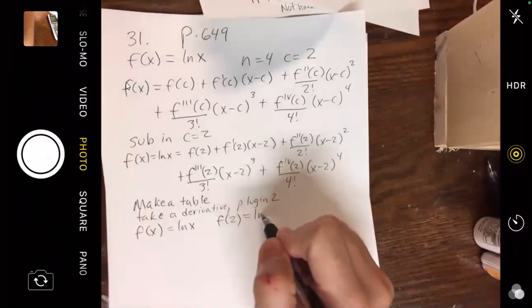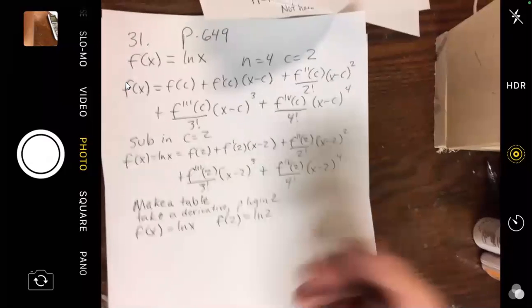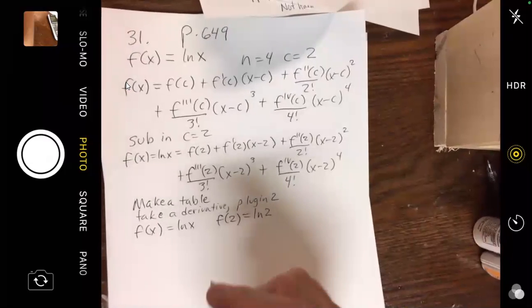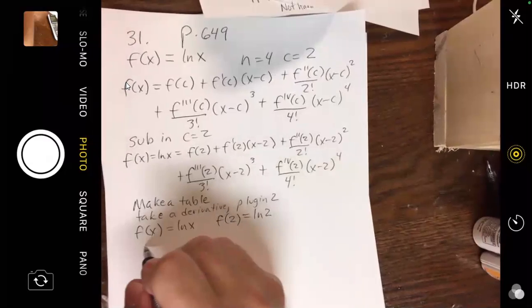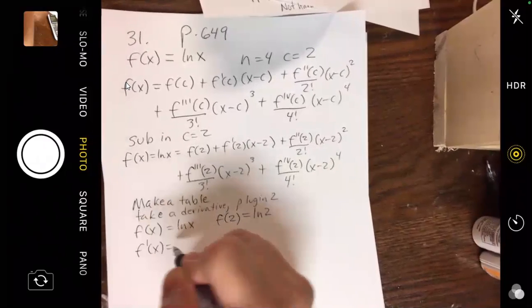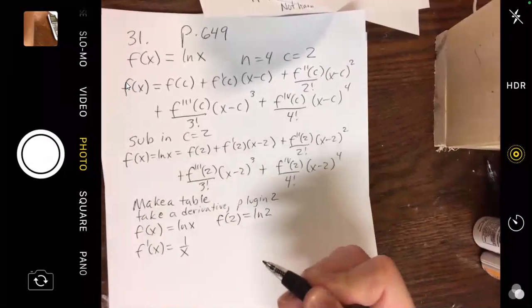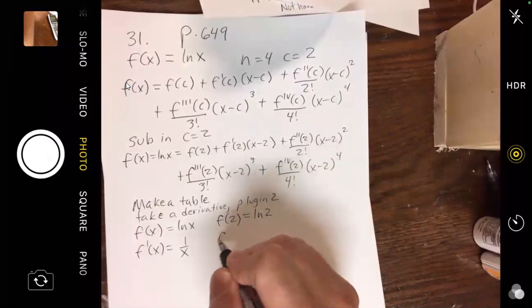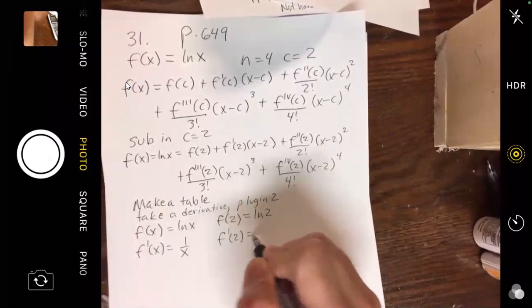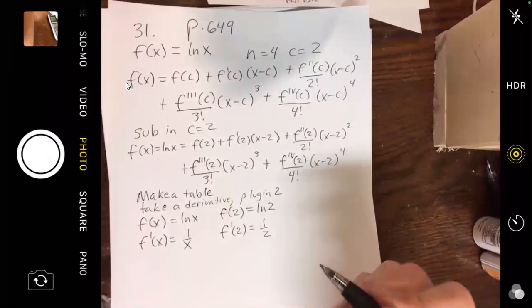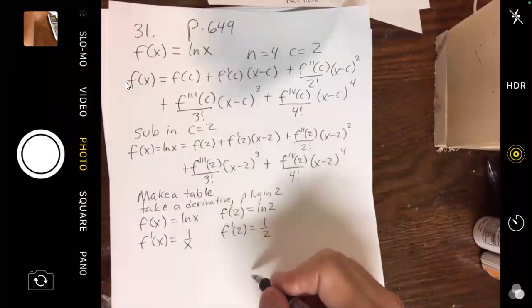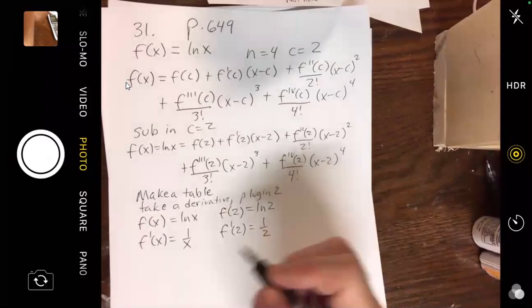I'm just going to write log 2. I know that's a decimal. I'm just going to leave it log 2. So now I take a derivative, 1 over x, plug in 2, 1/2. And I just keep going down until I get to a fourth derivative.